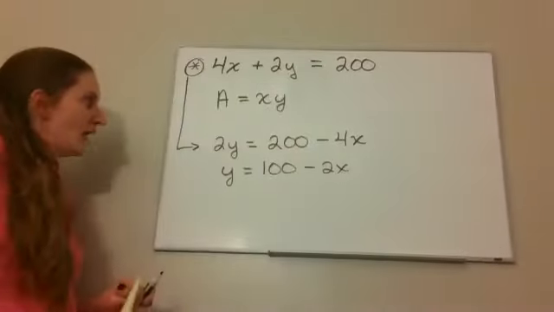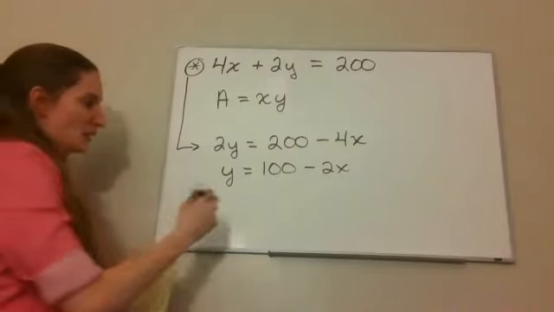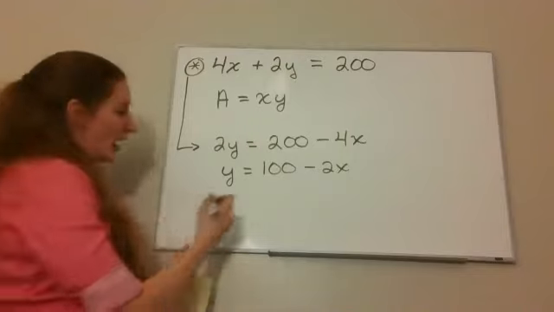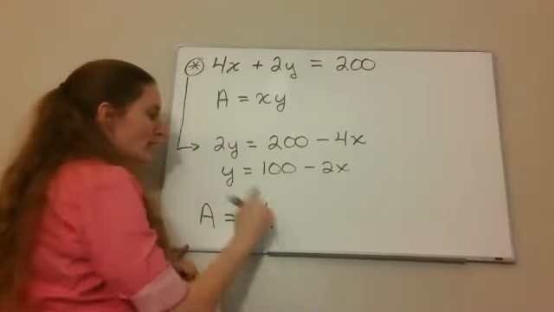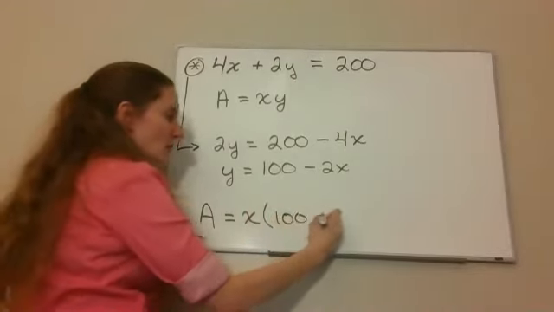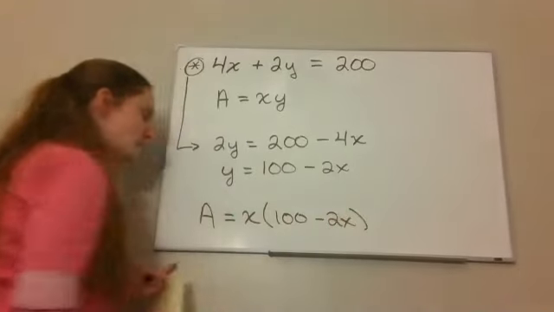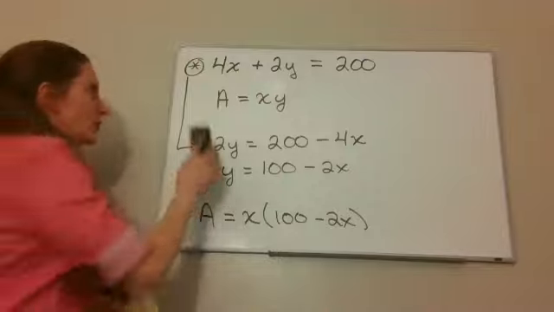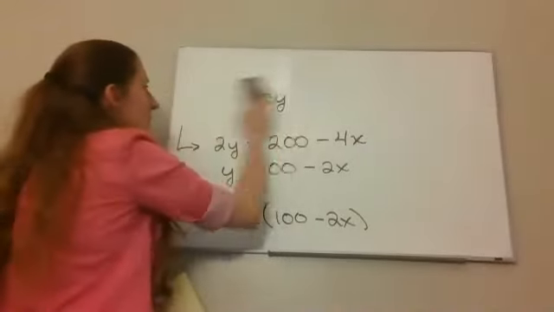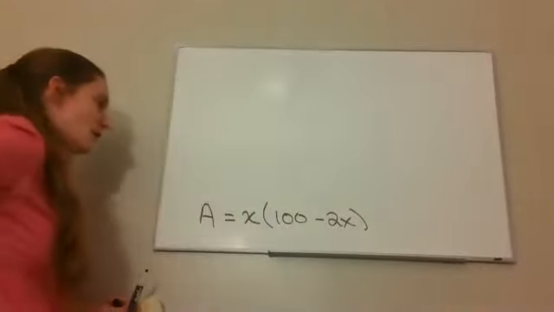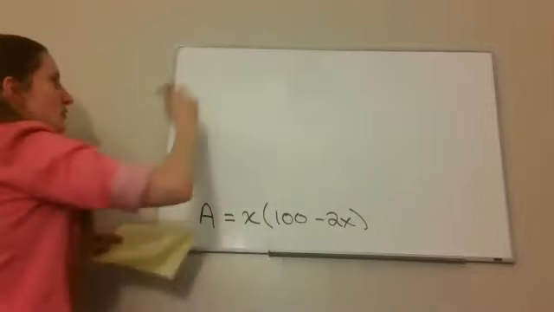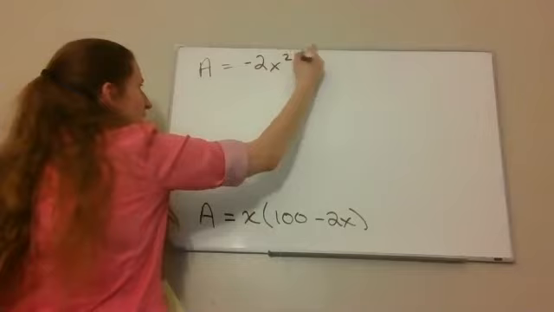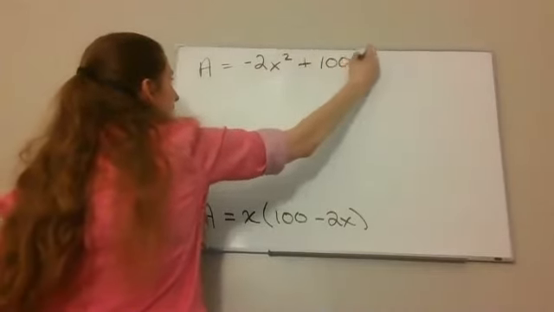Now, why did I do that? Well, because now I can look at my area, which was x times y, and I can replace the y with 100 minus 2x. This means that my area, if I distribute that x value, is equal to a negative 2x squared and a positive 100x.